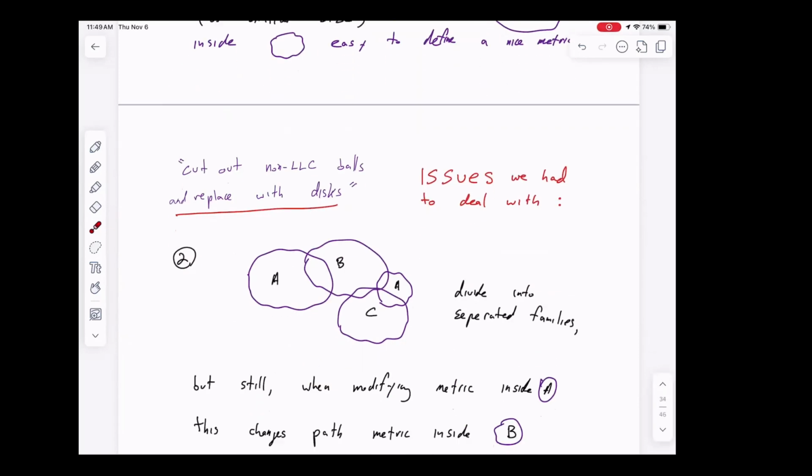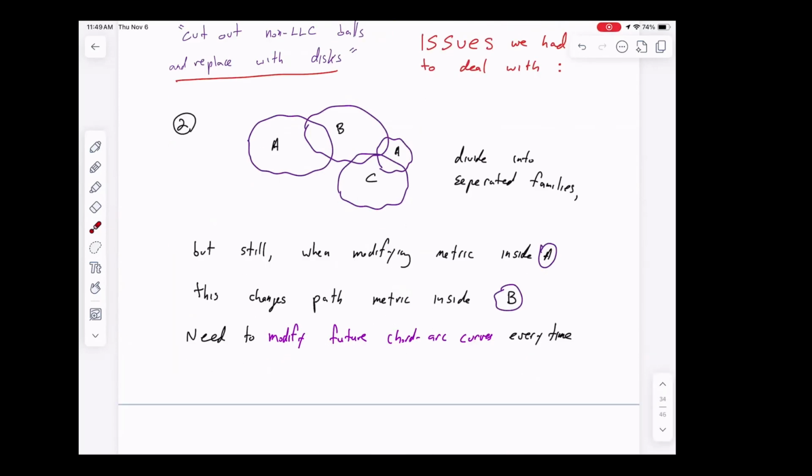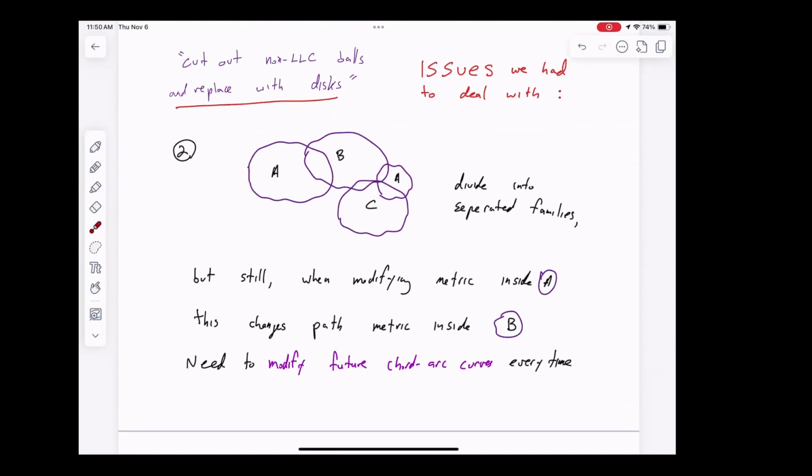Another issue is that I could have this chord arc curve that I got, and then another chord arc curve, and another chord arc curve, and so on. So I'm going to separate them into families. This is one family in this picture, and I'm going to work on both of these together.